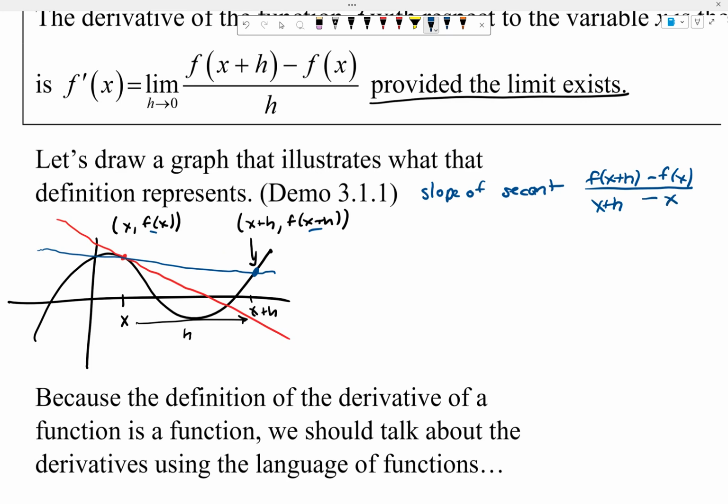That's the slope of the secant, and what I'm saying is the secant slope is an estimate of the tangent line slope. Is it a good estimate? Well, let's go to a demo.